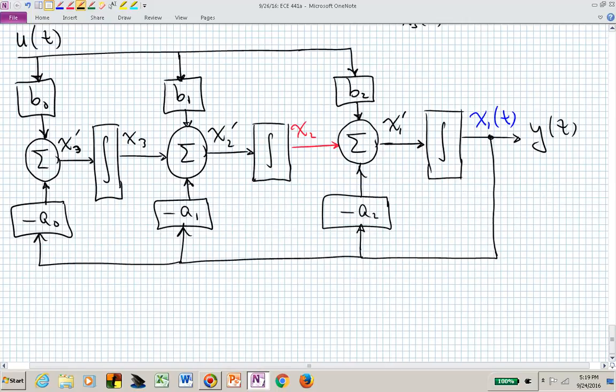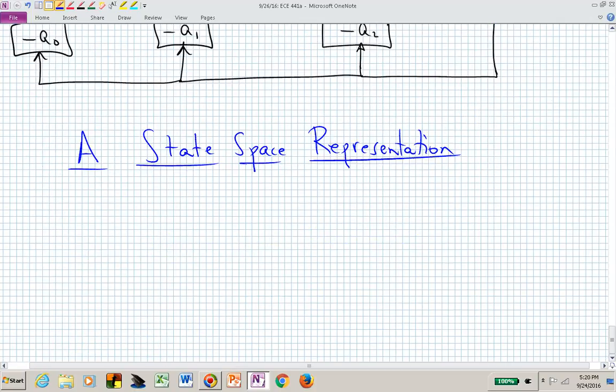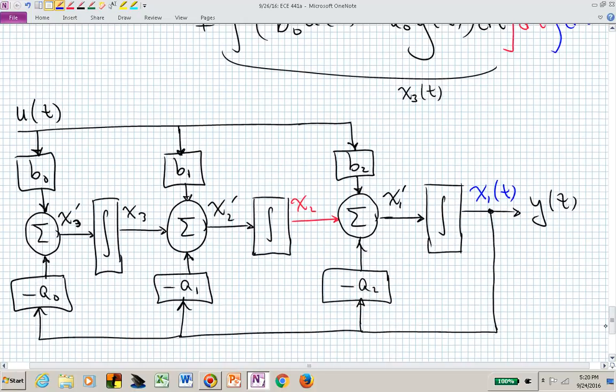It's already labeled for us, and it's ready now to create a state space representation from this block diagram. Meaning, let's build or rewrite our first one, x1 prime. x1 prime is now right there.